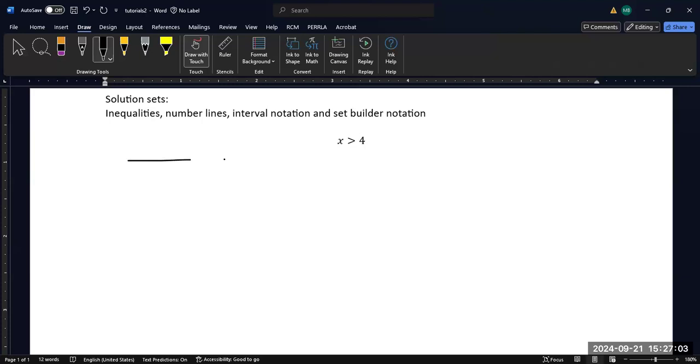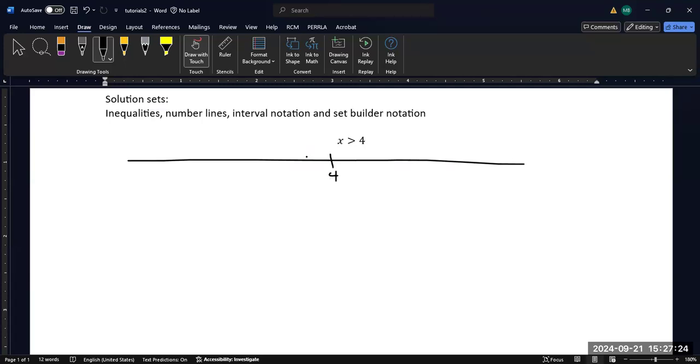So if I draw my number line, I'm going to put the location of 4 on that number line someplace. It doesn't really matter where you center your number line. So you could put 4 over here thinking the center is 0. That's fine. But what we're interested in is where the cutoff happens.